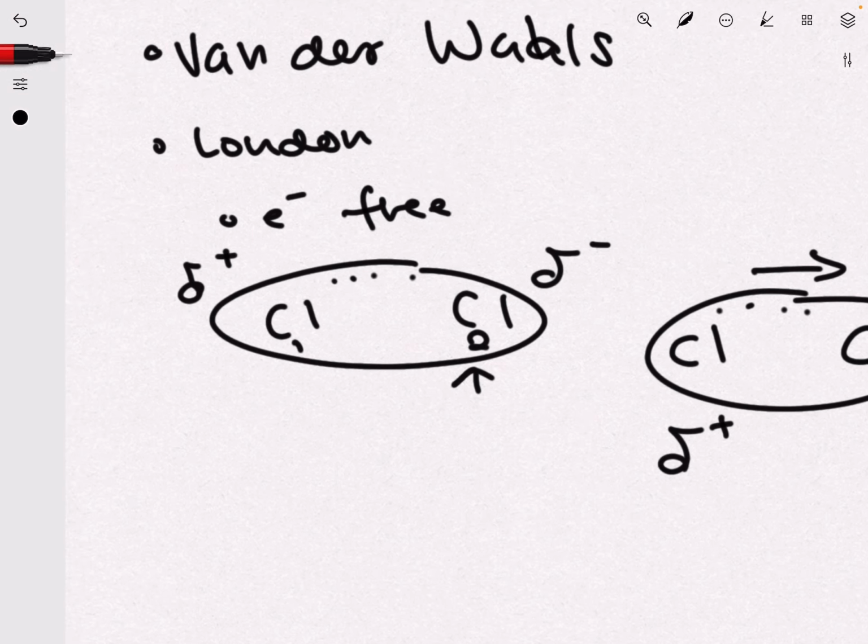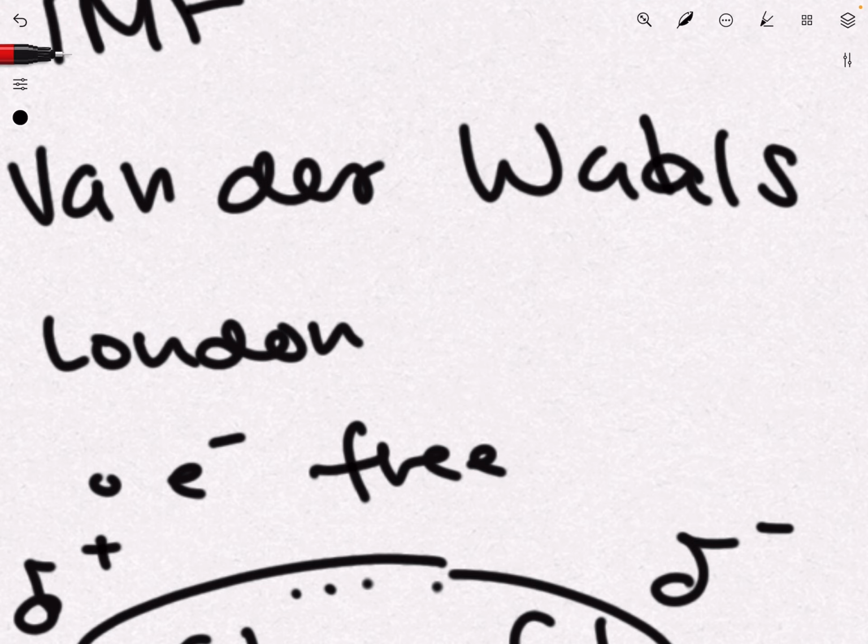In terms of London forces, the heavier the molecule, the stronger the London force will be, and that is due to the increased nuclear charge drawing electrons more strongly towards itself. London forces occur in all simple molecular compounds, and in terms of their bond strength, these are the weakest at about 1/100th of a covalent bond.